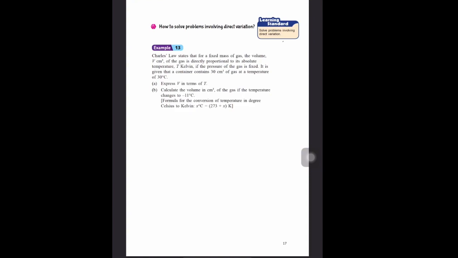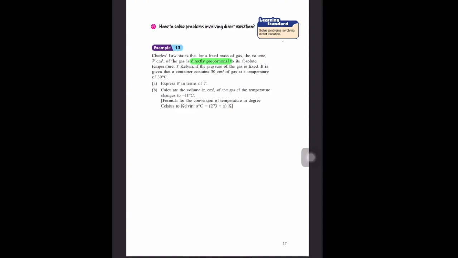Charles' law states that for a fixed mass of gas, the volume V cm³ of the gas is directly proportional to its absolute temperature T Kelvin if the pressure of the gas is fixed.